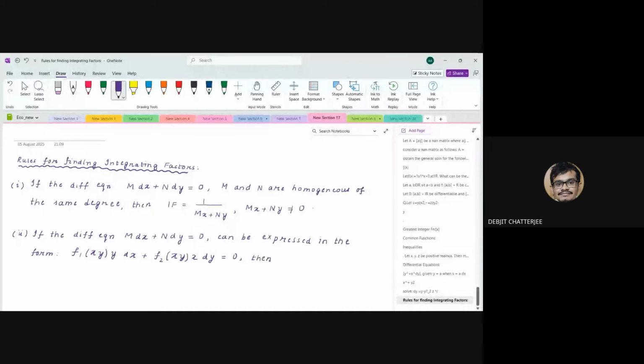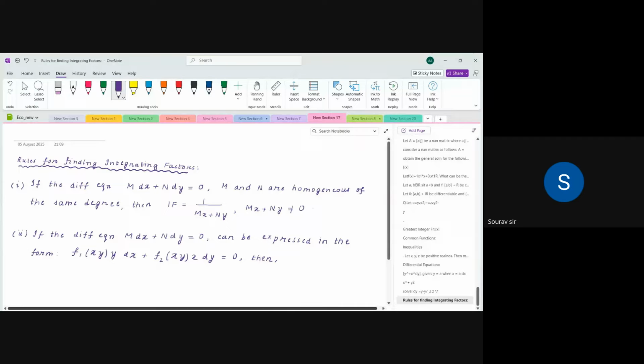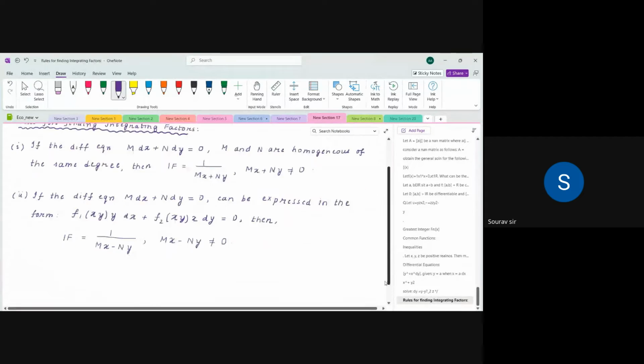Then, so what is homogeneous of the same degree? Okay, I'll explain. Just hold on a minute. Let me just write down the rules. I'll come to the details of it. Okay, just give me a moment. Then the integrating factor can be written as 1 upon Mx minus Ny, where Mx minus Ny is not equal to 0.